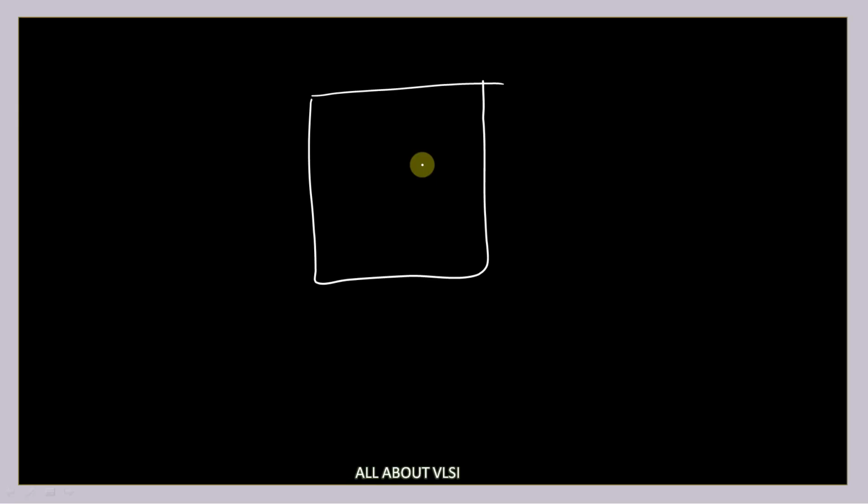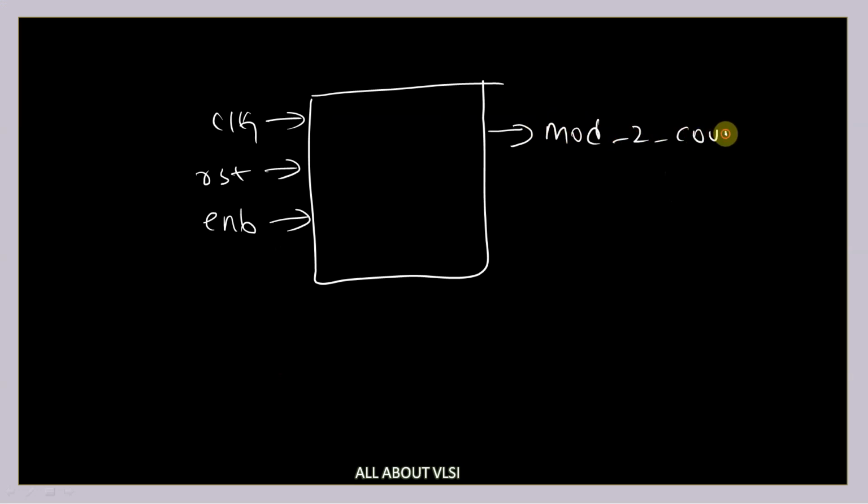Now, let's say I have a module with clock, reset, and enable, and my outputs are mod 2 underscore counter, mod 4 underscore counter, and mod 8 underscore counter.